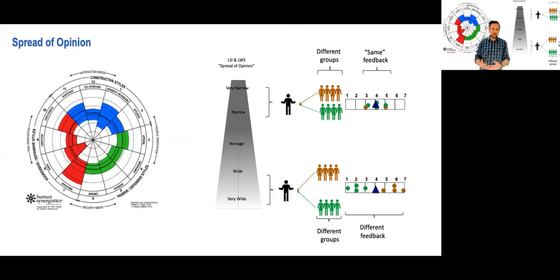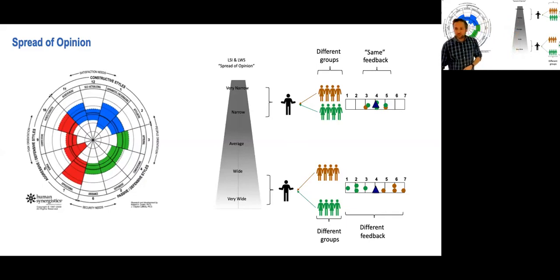Just for the same reason that we need to apply the raw data to a norm in order to get an accurate percentile score, we also need to compare the standard deviations to a norm in order to get an accurate understanding of, is this really a narrow description, wide, or very wide?